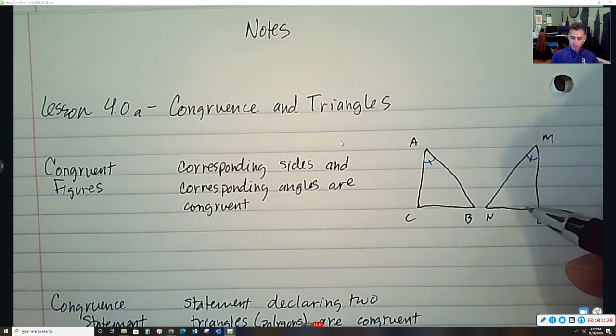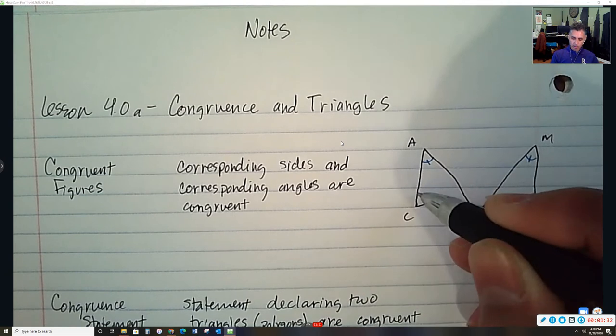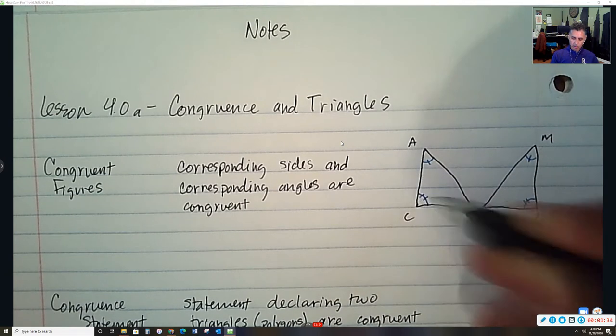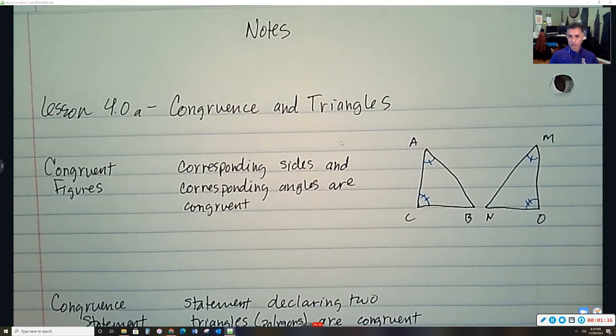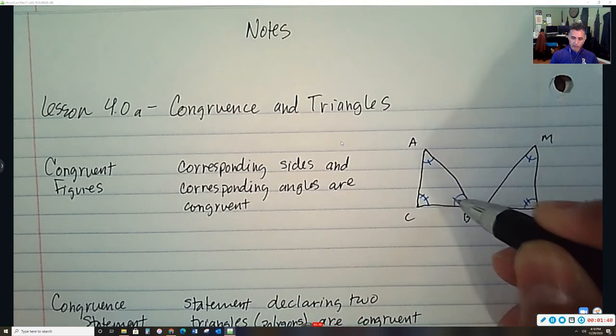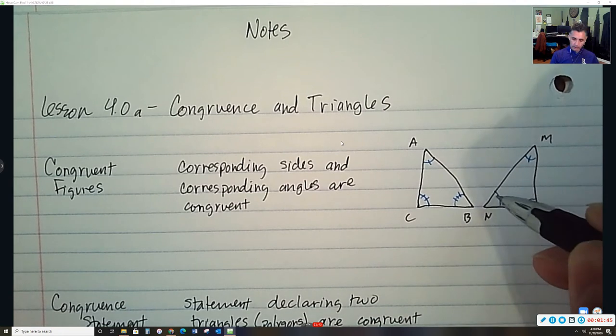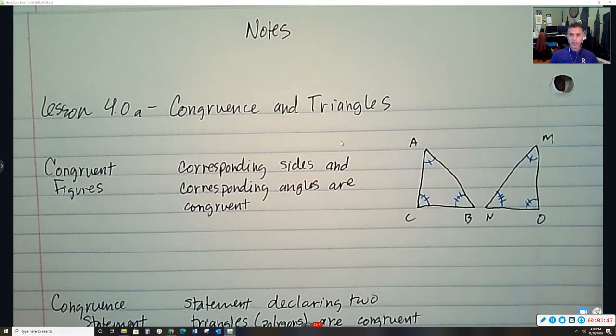Okay, and then we have angle O, and then angle C, those are congruent. And then we have angle B, and then angle N. Those three angles are congruent, and those are corresponding angles. Those are the angles that are in the same position.